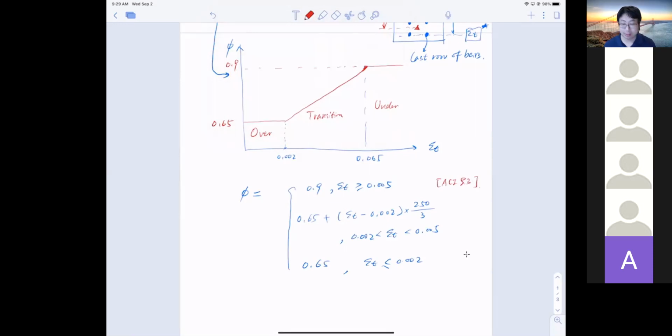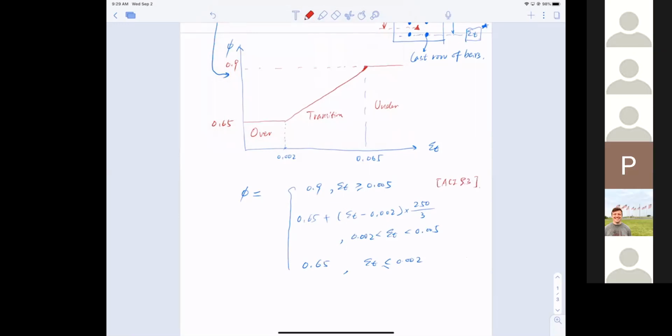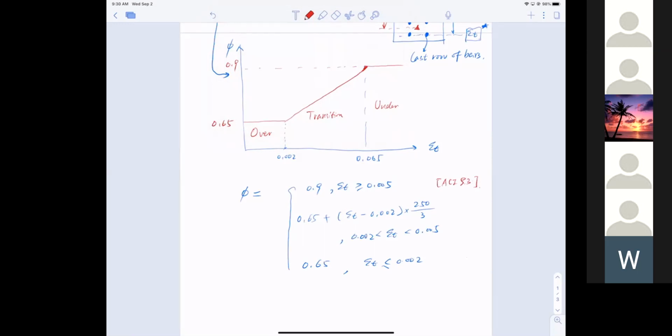Based on the level of strain in the steel, I will have a different design factor. If I have a larger strain in steel, I have a bigger strength reduction factor. When I have a smaller strain in steel, I have a smaller strength reduction factor.